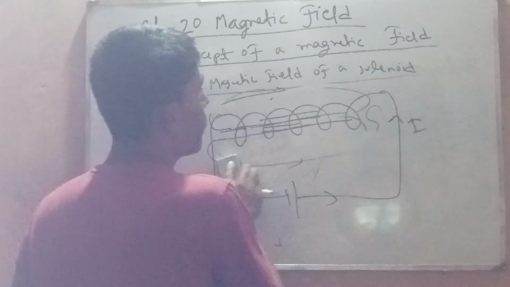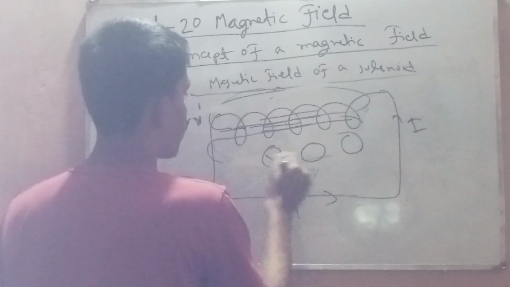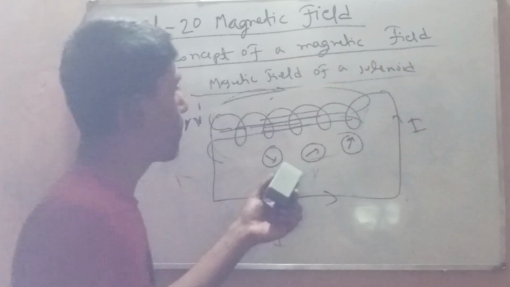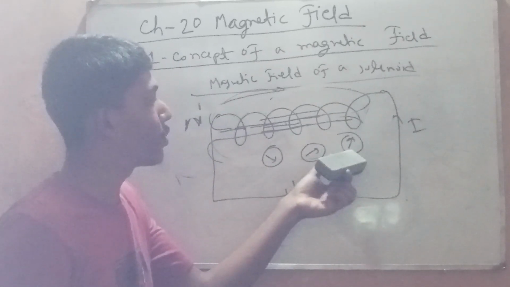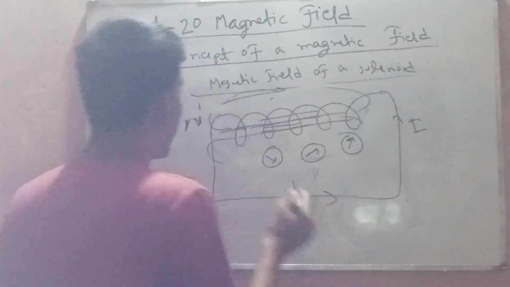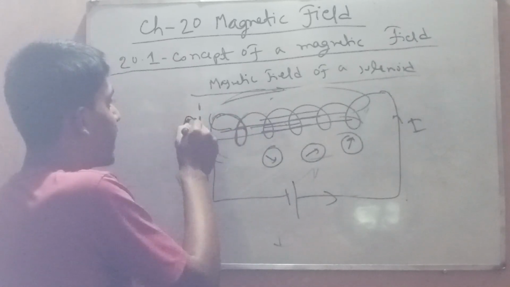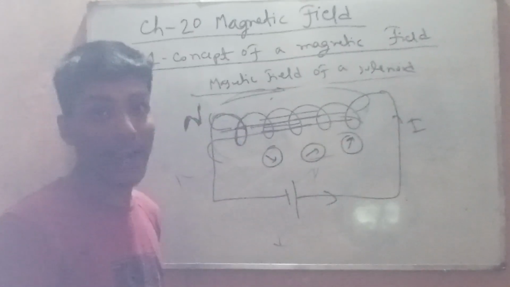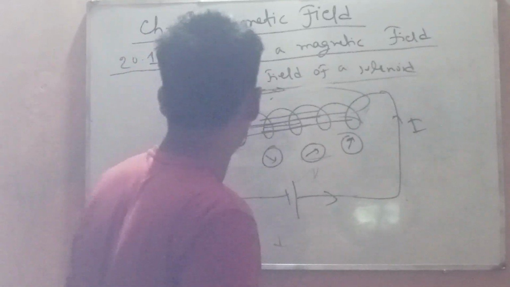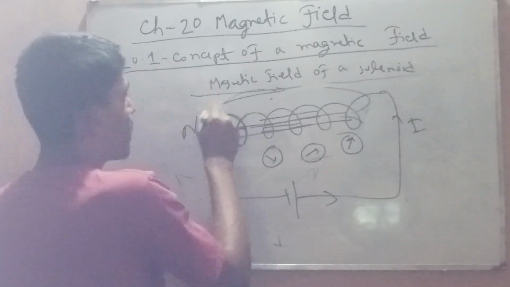So by placing some compasses and seeing the force on the north pole of the compasses, or by viewing from one end of the coil, if the current flows anti-clockwise, then that end will act as an N pole, and if the current flows clockwise, then that end will act as an S pole, and the direction will be out of the N pole into the S pole.